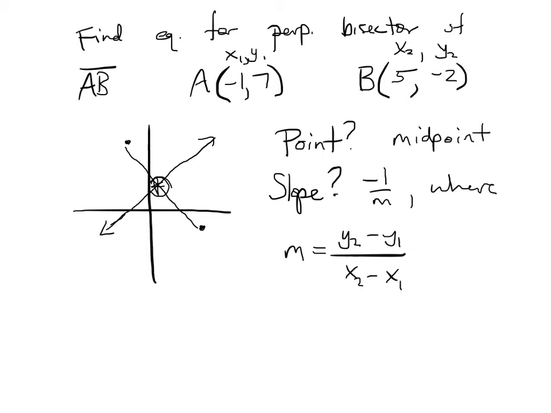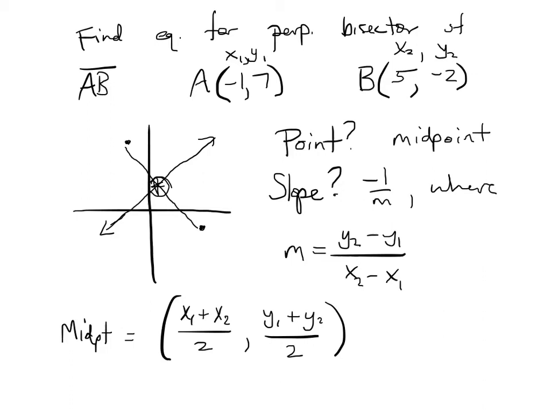Midpoint. You remember the midpoint formula? I know it's taking the average of them. So the midpoint formula, if I'm going to write it out, is x1 plus x2 over 2, comma, y1 plus y2 over 2. The best way to think about this is, I'm looking at this orange line segment.